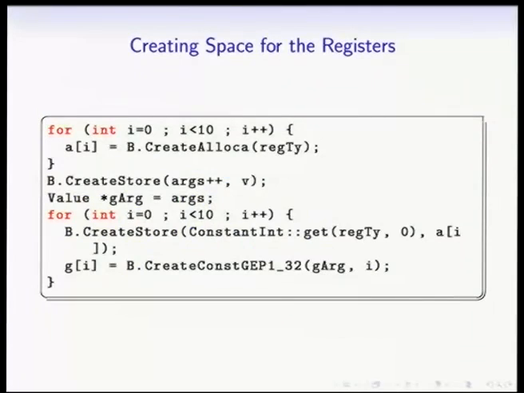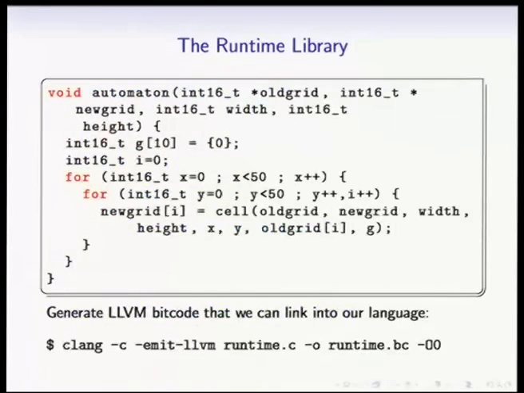The first thing we need to do for this little language is allocate some space for the registers. If we go back to the runtime a second, this cell function, the one that we're going to be generating, will take the global registers by pointer as an argument, but it will need to allocate the local registers itself.